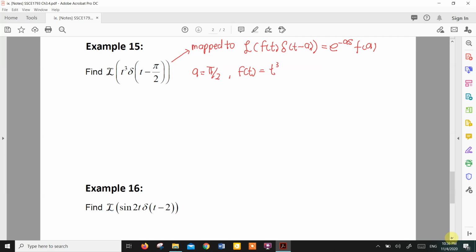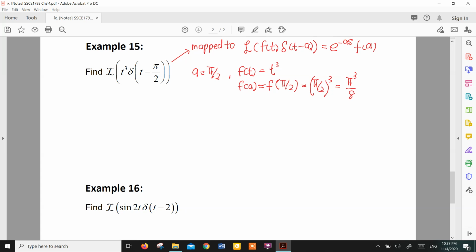Alright, so for this question, we want to know what is f(a). So f(a) is equals to f(pi over 2), which means that you just replace t with pi over 2. So you have pi over 2 cubed, it is equals to pi cubed over 8.